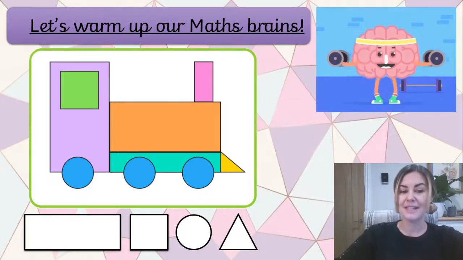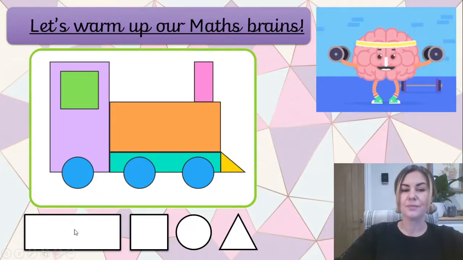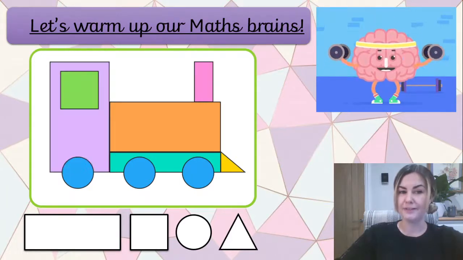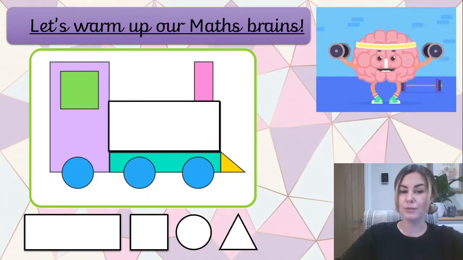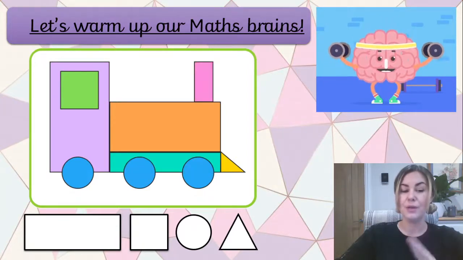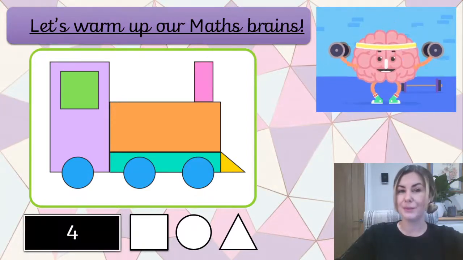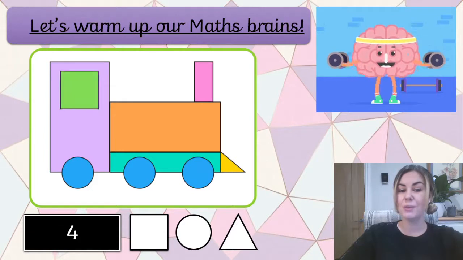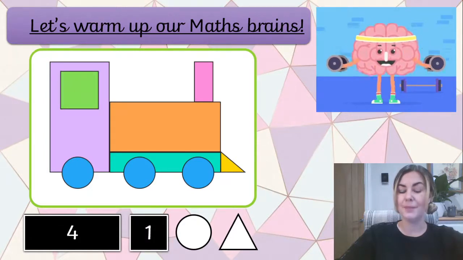Right, are we ready? Let's start with the first shape, our rectangles. Can you count how many are with me? We have 1, 2, 3 and 4. We have 4 rectangles. Okay, how many squares did I have? Just one square.